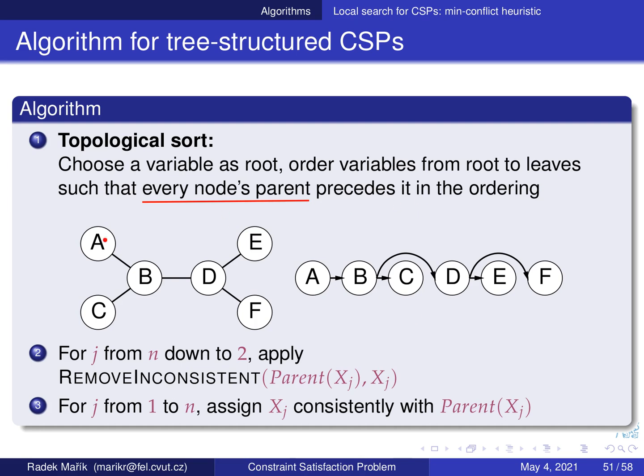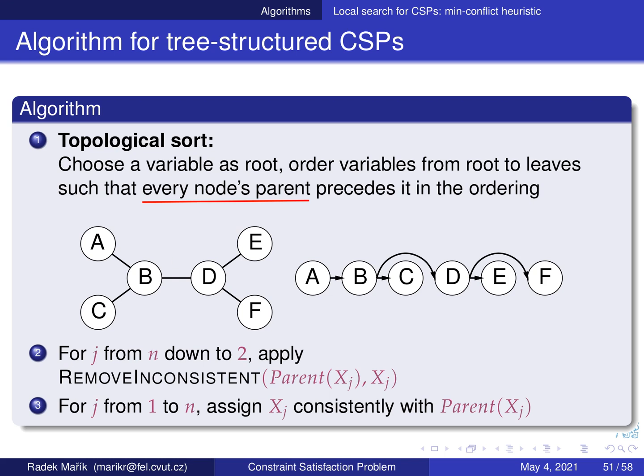In other words, A is the root, then we select B. Now we can place here the C as the next step, followed by the D, and again here we can select either E or F to be in the next step, but the sequence can look like this. And this can be done in linear time, topological sort.